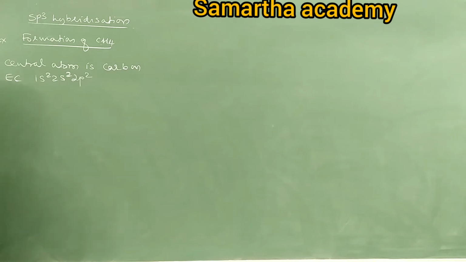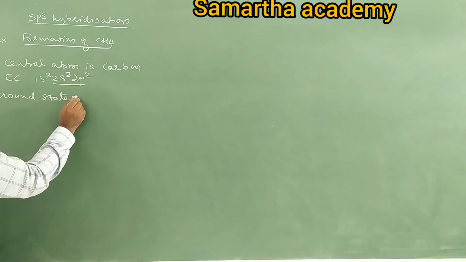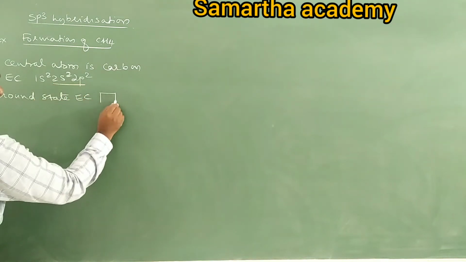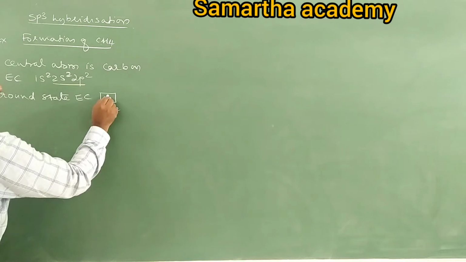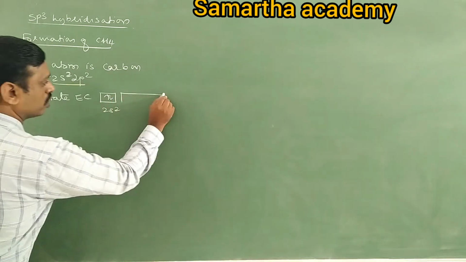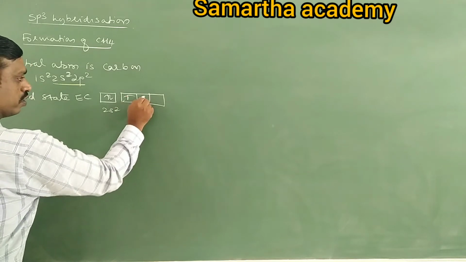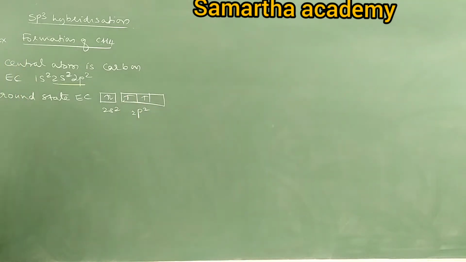Then what is the valence shell electronic configuration? 2s2 2p2. So therefore write the ground state electronic configuration. Ground state electronic configuration is 2s2, s orbital has 2 electrons, 2p2, there are 3 p orbitals, 2 electrons. Tell me, next, in the excited state what happened?